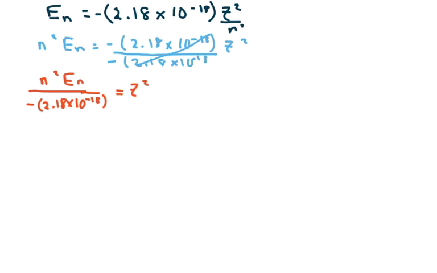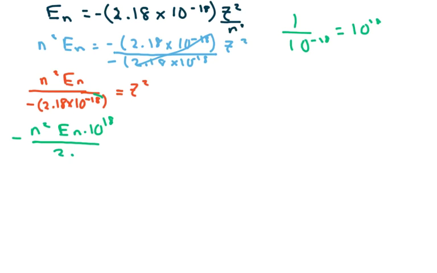Then we're going to go ahead and move this. 1 over 10 to the negative 18th equals 10 to the 18th, so I'm going to move it to the numerator. And I'm just going to pull out the negative here. So we get n squared e sub n times 10 to the 18th over 2.18 equals z squared.